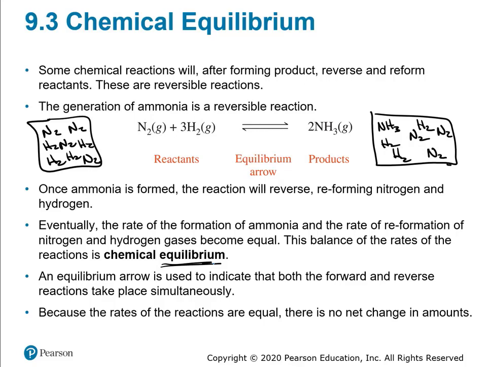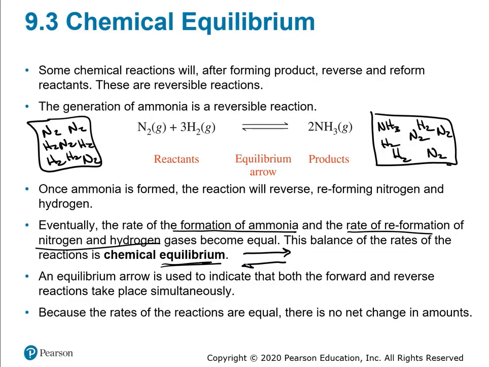The balance means that the forward reaction and the reverse reactions actually end up becoming the same rate. So the formation of product, which is the ammonia, and the rate of formation of nitrogen and hydrogen becomes equal. So the forward reaction and the reverse reactions become the same rate, and that's when they say the reaction is at equilibrium.